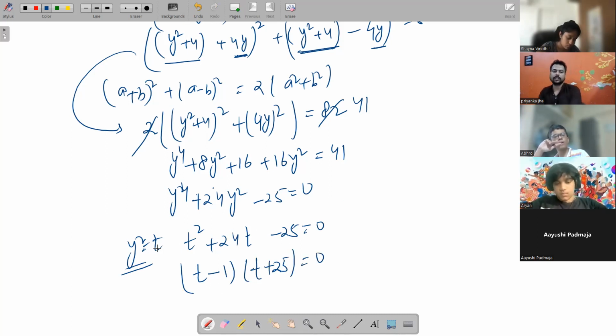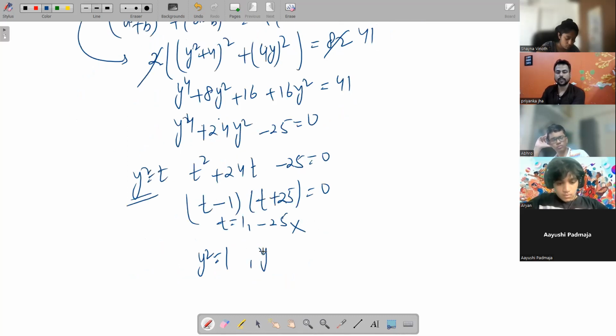Now you can see t is y square, so t is either 1 or minus 25. Minus 25 is not possible because y square is always positive. We are talking about real numbers only. So t is 1. It means that y square is 1. y square can't be equal to minus 25, so we will ignore this. From here y equal to plus minus 1.